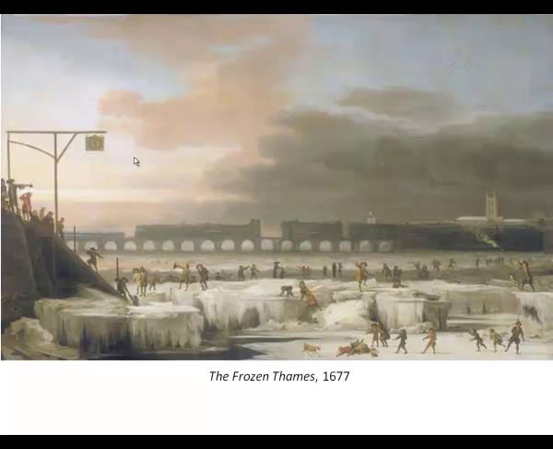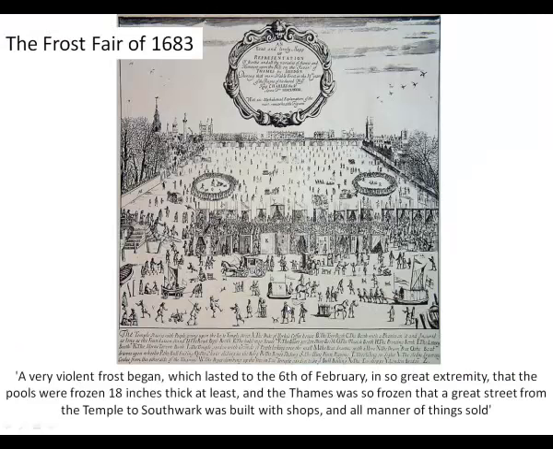So here's a rather elegant reconstruction of the Thames in 1677, and the key thing you'll notice about it is that it's frozen, and in fact there's an example here of 1683 of the Frost Fair, when the Thames all the way from Temple to Southwark was so frozen that a great street was built with shops and all manner of things sold.